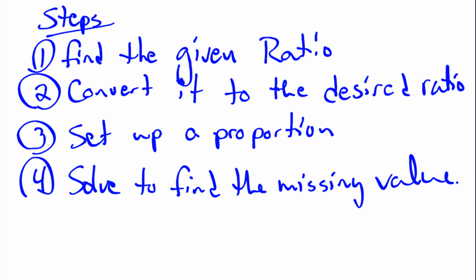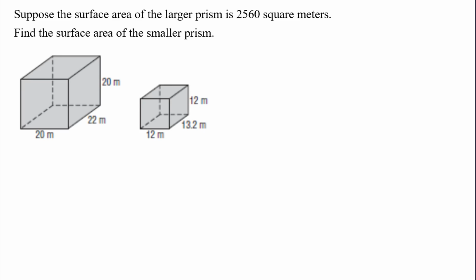Third step is you're going to set up a proportion. And then your fourth step is you are going to do some cross multiplying and solve to find your missing value. So here's a good example of a problem you might see. Suppose the surface area of the larger prism is 2,560 square meters.